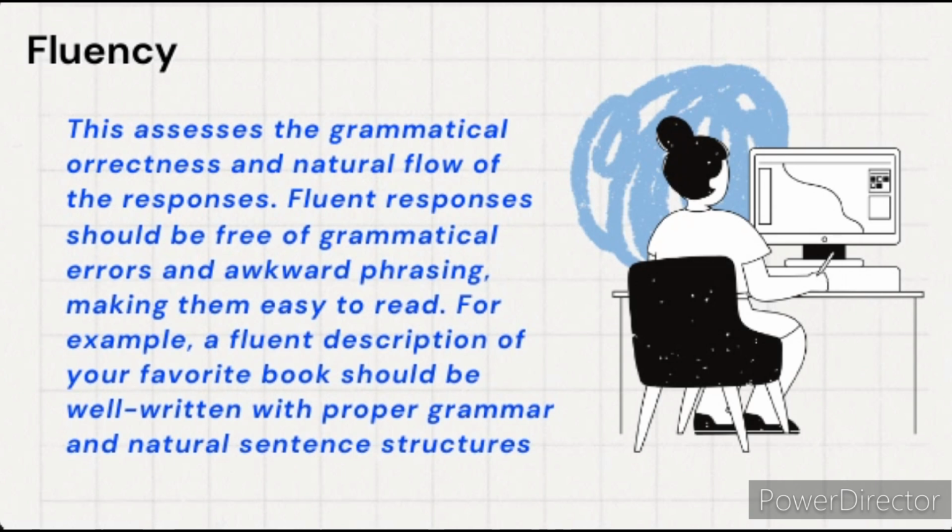Using evaluation metrics like accuracy, relevance, coherence, and fluency helps us see how well language models respond to prompts. Accuracy checks if the responses are correct. Relevance checks if they match what the prompt asks. Coherence checks if the responses make sense logically, and fluency checks if they sound natural.